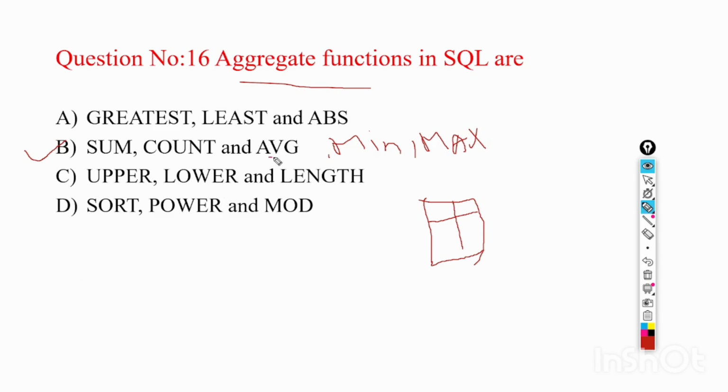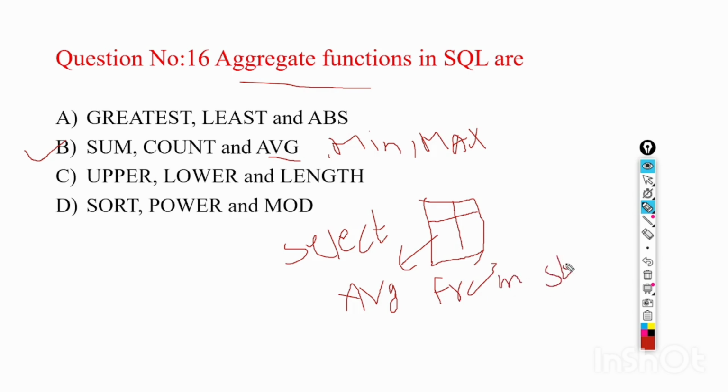The important aggregate functions are sum, count, average, and there are two more, min and max. We'll give an example. There is one college database. In the college database, what can we calculate the average of? Every semester the student marks are important, right?